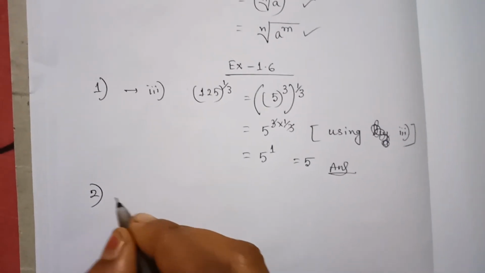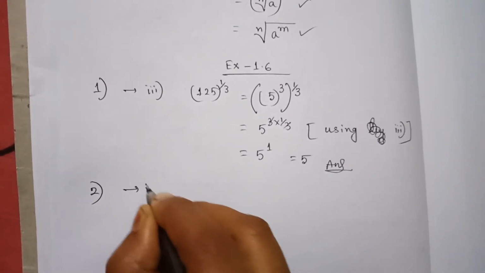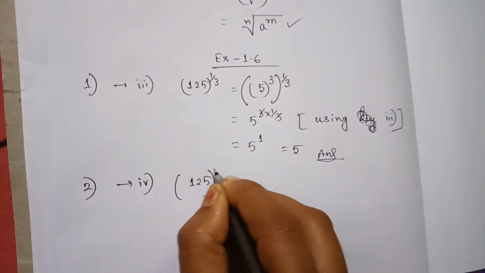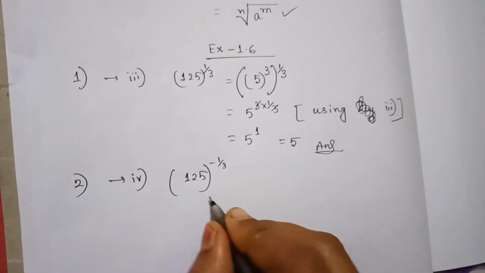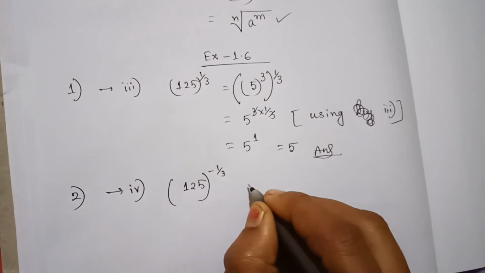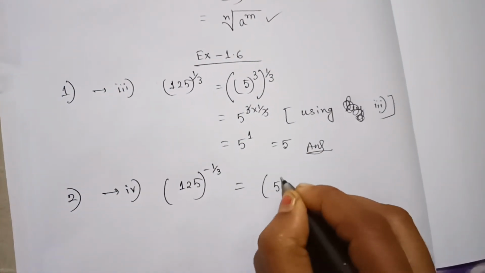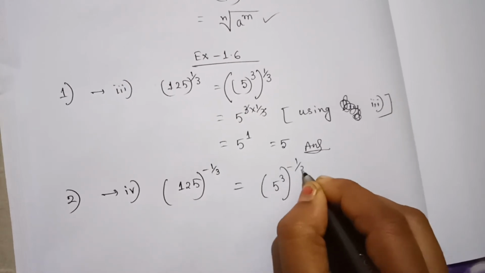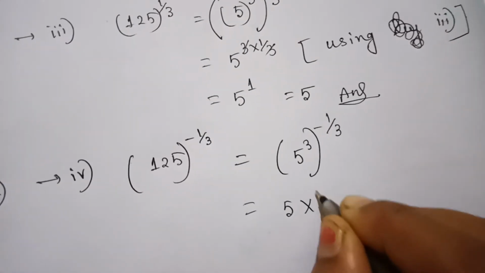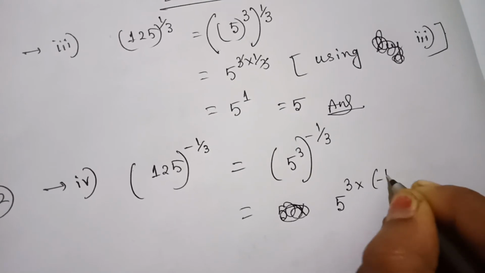Then number 4. The fourth one is 125 to the power minus 1 by 3. We will do what we have done previously: 5 to the power 3, to the power minus 1 by 3. So it's actually 5 to the power 3 into minus 1 by 3.